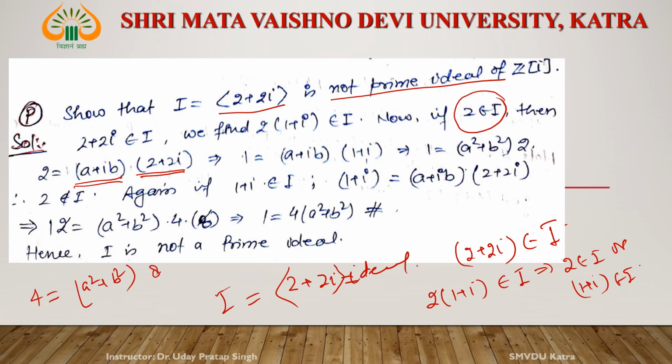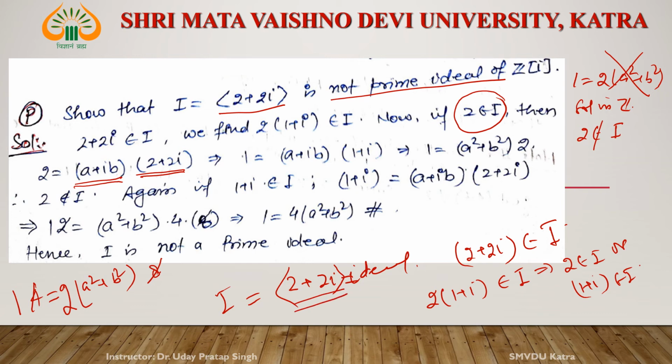So this equals 2 times (a square plus b square). Does this have a solution in Z? No, this doesn't have a solution in Z. If this doesn't have a solution in Z, then 2 does not belong to I, where I is the ideal generated by 2 plus 2i. One thing is clear.